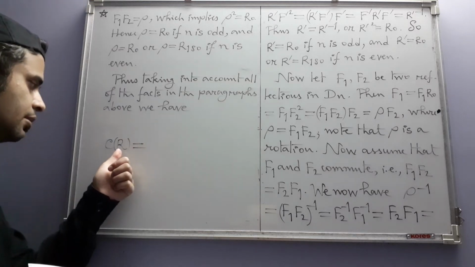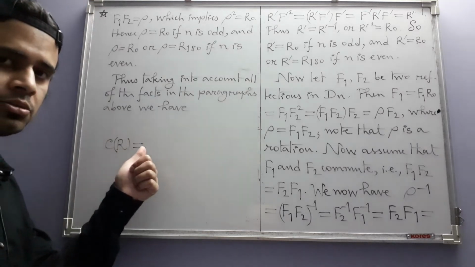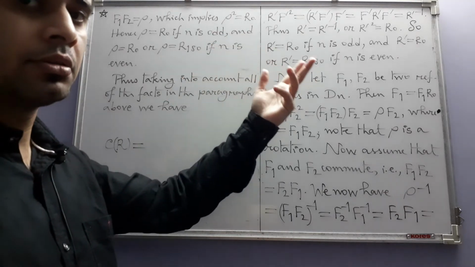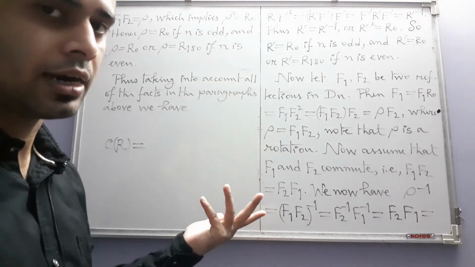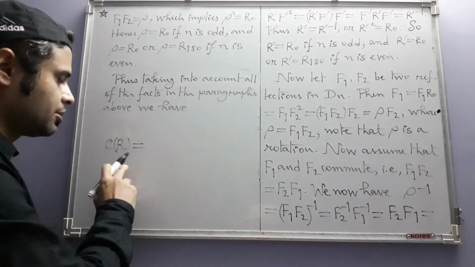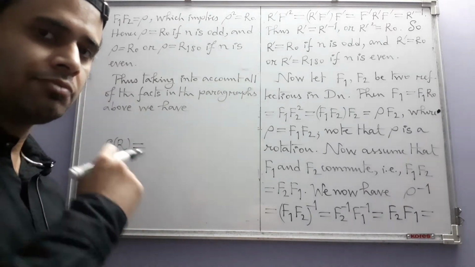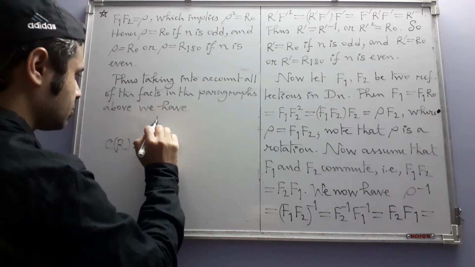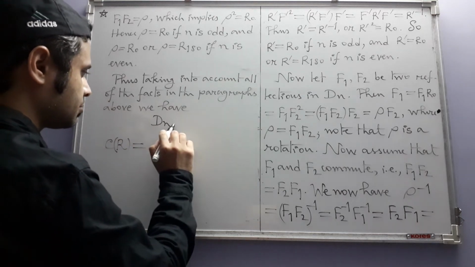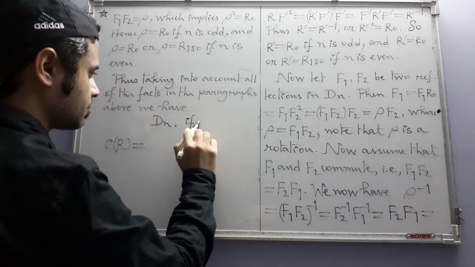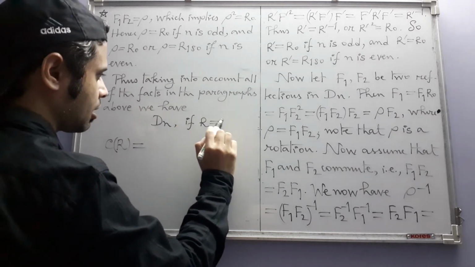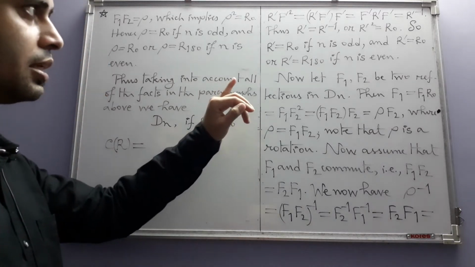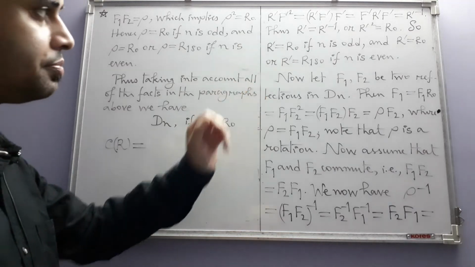So that means if this R is equal to R naught, then obviously any reflection commutes with that R, because R naught is the identity, so everything commutes with the identity. So this is equal to the entire Dn if R is equal to R naught, and this does not even depend on whether n is even or odd.